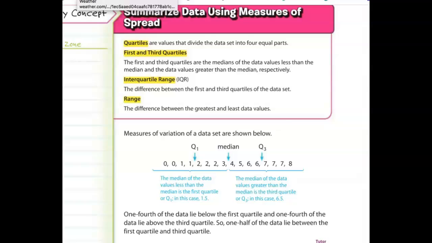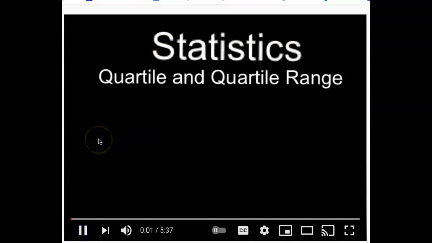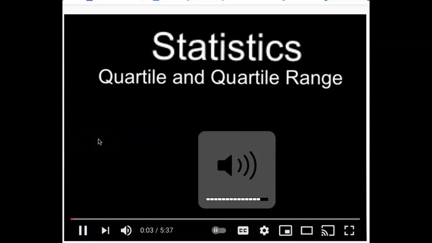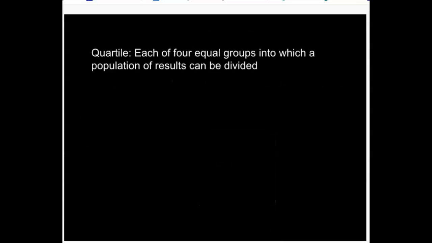Today we're going to be talking about quartile and quartile range as part of our statistics section. I wanted to start by talking about just what the word quartile means. Quartile we haven't seen before, but much like quad, it's starting with that QUA.